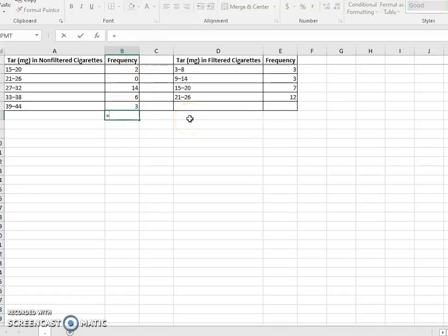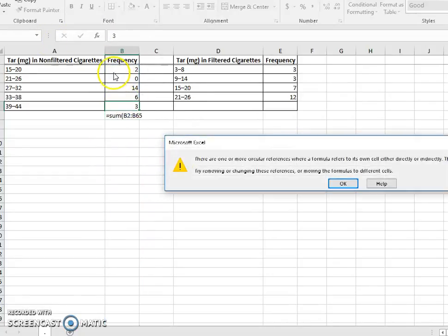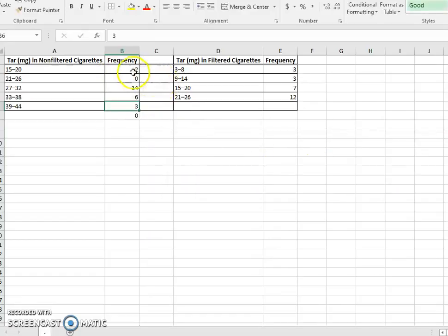What I do is I need to have a sum here, equals sum of. So that's going to tell me that I have 25 total items here, which we can see. We have 2 plus 14, which is 16, plus another 6, which is 22, plus another 3 is 25.